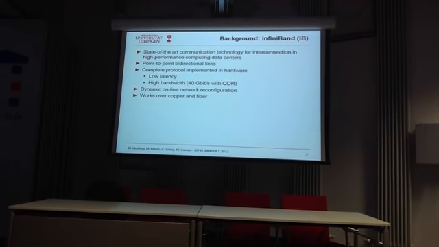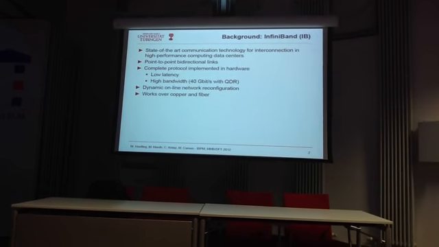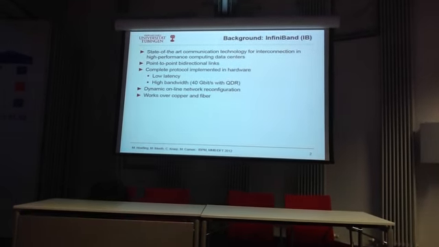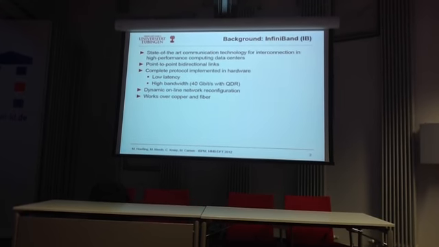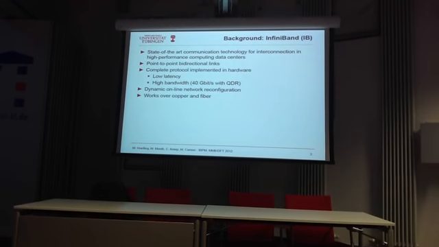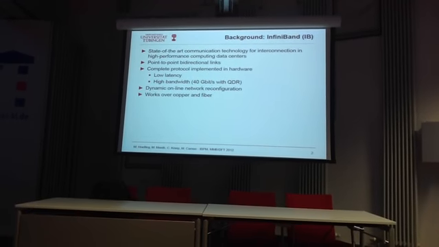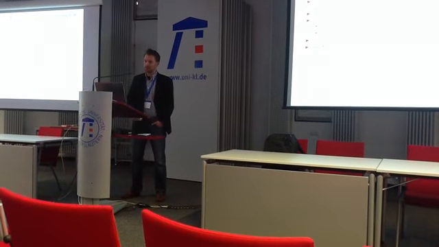So you have switches and network channel adapters and cables. The protocol is completely implemented in hardware. You have an API on the driver that says, I want to send this data from here to there, and the rest is done in hardware.